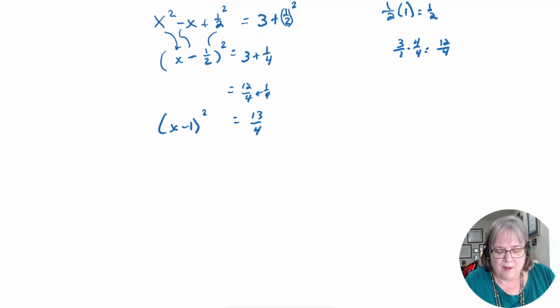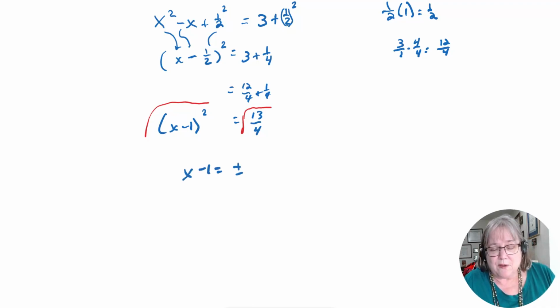All right. Then we're going to square root both sides, because that's our list. Remember, we're just running through our list. The square root of x minus 1/2 squared is x minus 1/2. Don't forget the plus or minus, so don't get busy cleaning that up before you put the plus or minus down. And you would have the square root of 13 over the square root of 4.